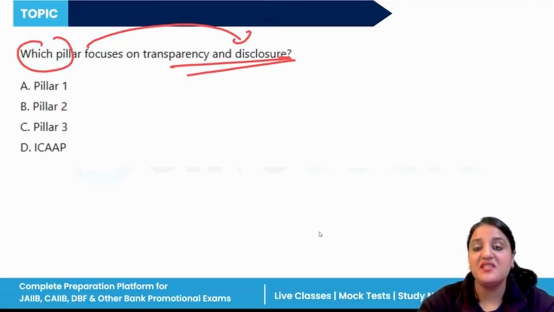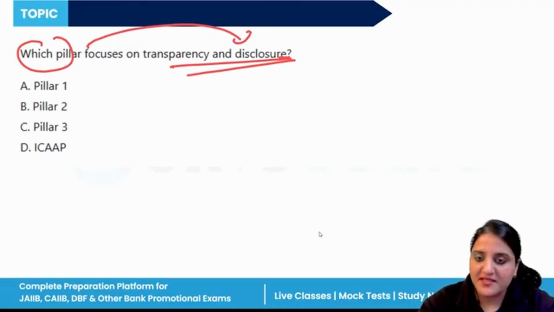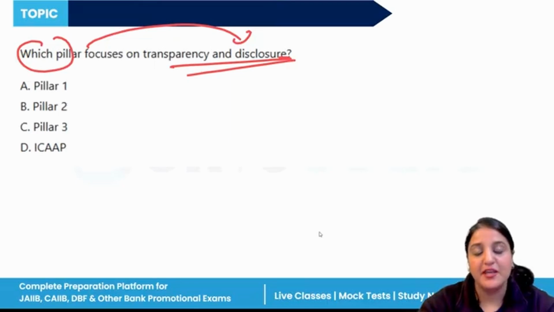So bank must disclose sufficient information so investors can evaluate the risk, depositors can assess the stability, market can discipline the risky banks. Disclosures should be clear. Disclosures should be comprehensive.